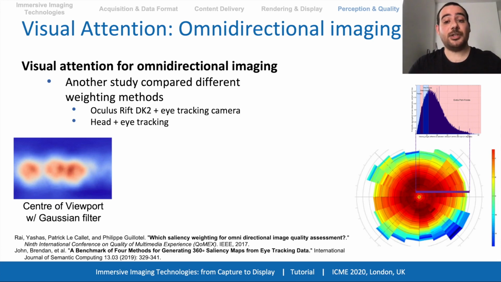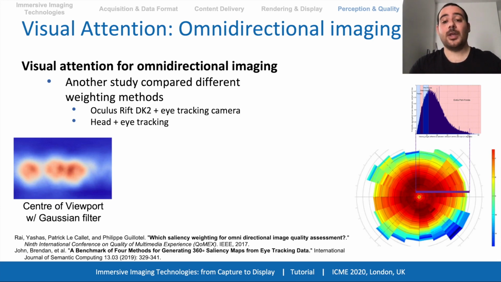After the investigation with probability density function, the researchers in this paper propose a new Gaussian filter that can be applied to the viewport center. This is in particular important for head-mounted displays that don't have an embedded eye tracking device.